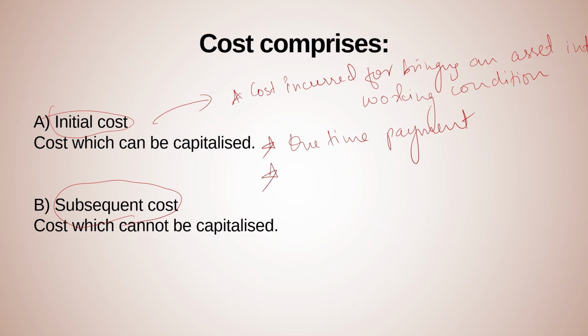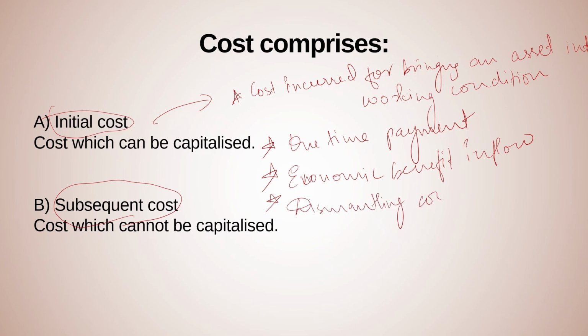Then the third one is economic benefit inflow. Then the fourth one is dismantling cost. Dismantling cost includes restoration cost if you are going to derecognize or dispose of the asset, so the cost which is incurred for that.